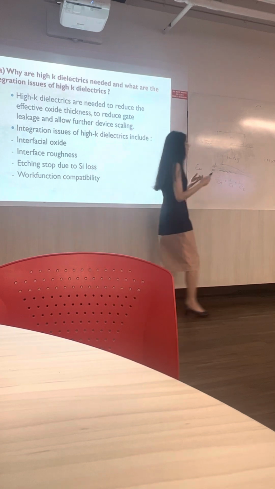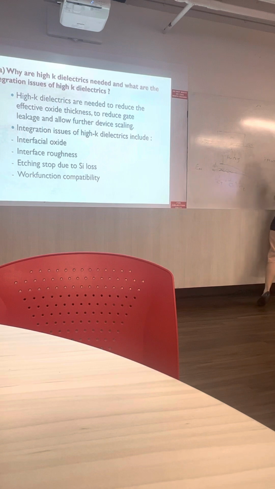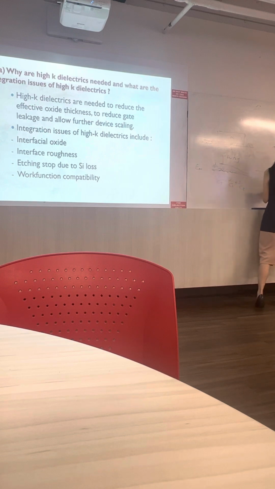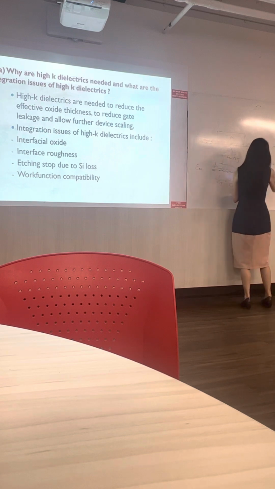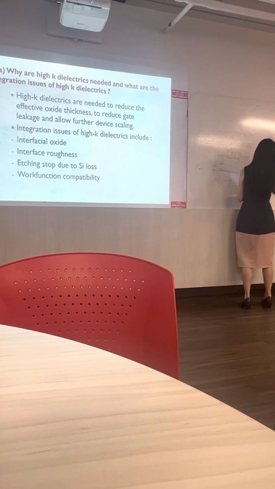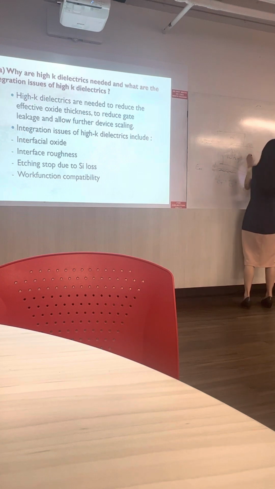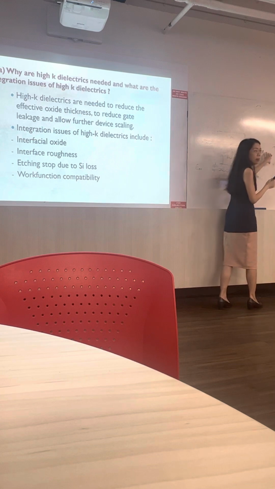Because usually in a Venn diagram, what you see is that for SiO2, the gap is actually very large because it's an insulator. Maybe the gap is about 9 electron volts or something. Then you have this metal, where you have the work function. So when you have fixed this, the work function selection must hopefully be within the gap, right?